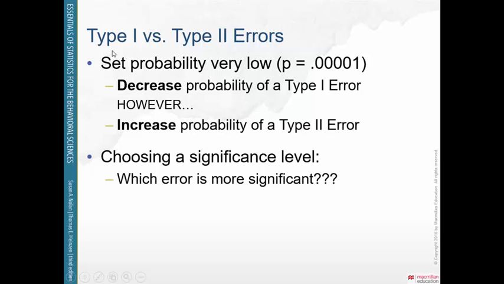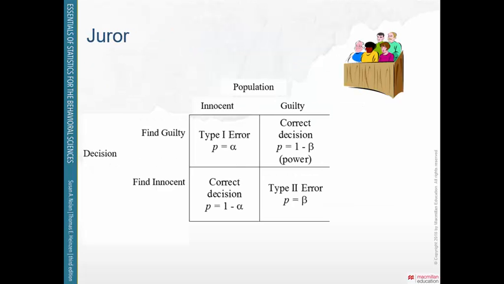All right, and how would you decide, do you want more type 1 or more type 2 errors? How you make that decision is based on each situation in each study. If we look back to this juror example, which is the worst error to make, a type 1 error or a type 2 error?